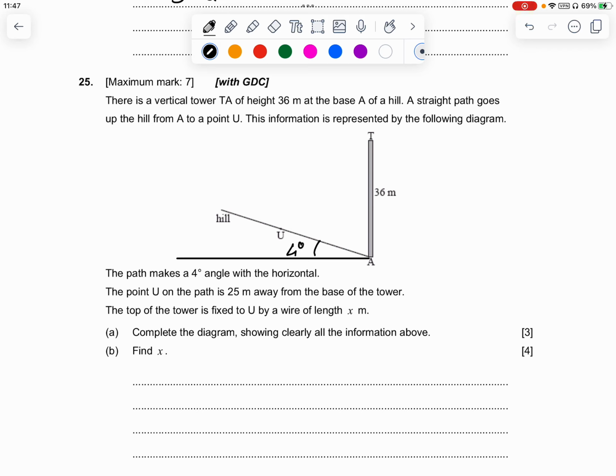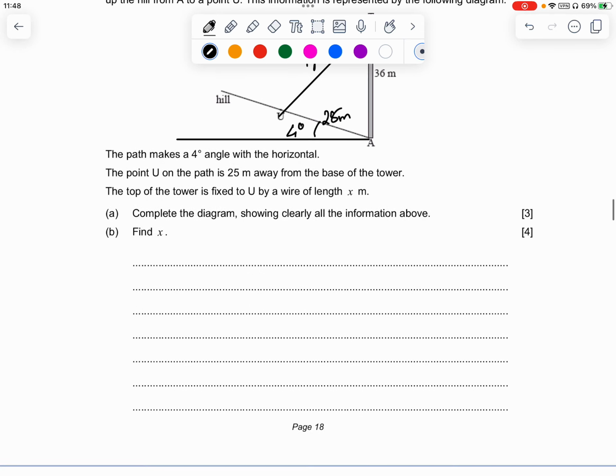The point U on the path is 25 meters from A. So this distance is 25 meters. The top of the tower is fixed to U by a wire of length x meters. Complete the diagram. Show clearly all the information above. Then find the value of x.